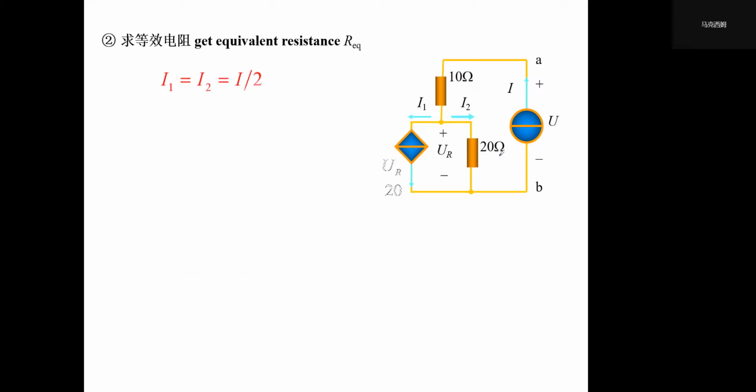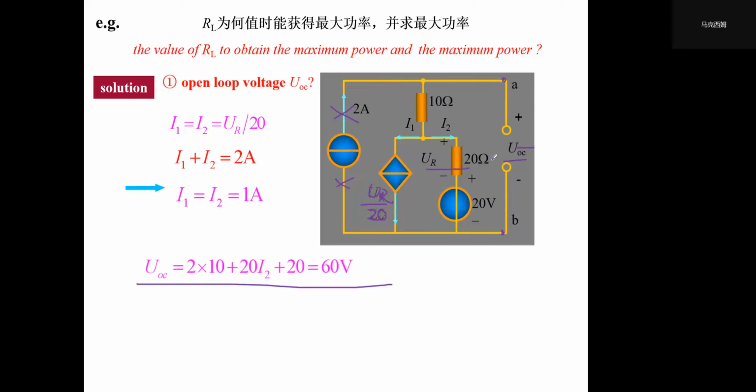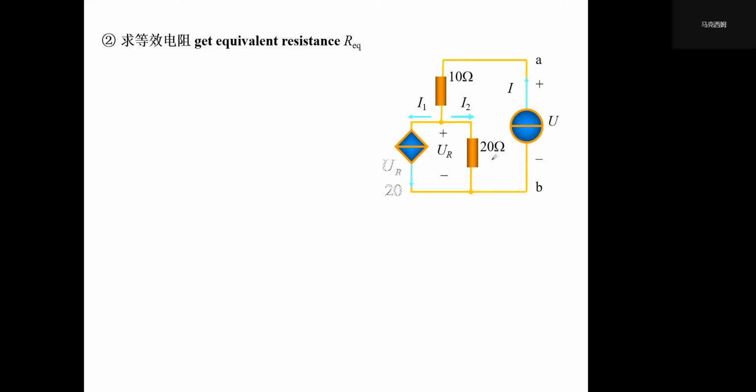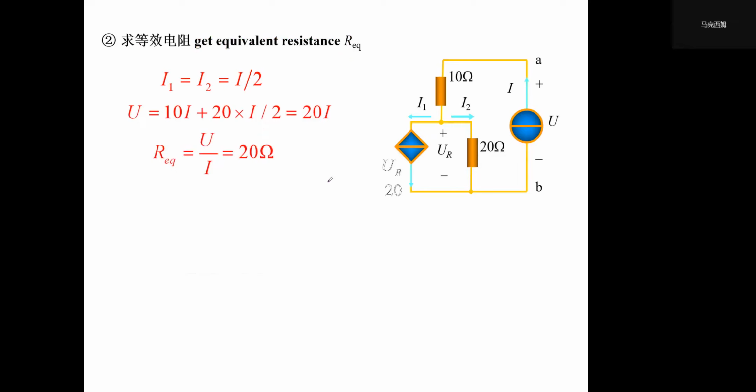And still, we know that I1 equals I2 equals half of the current I. So we can easily calculate the equivalent resistance.